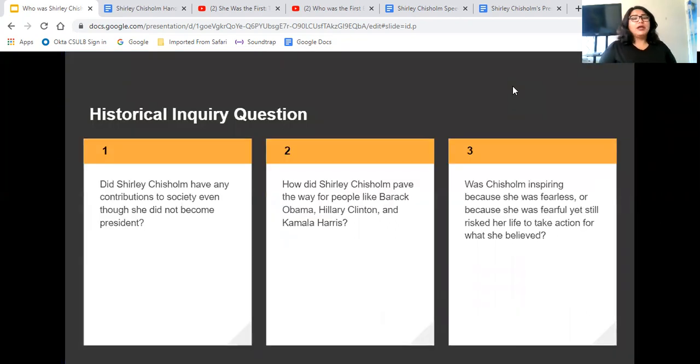So the first question, did Shirley Chisholm have any contributions to society, even though she didn't become president? This is a good question for students to analyze the text and look at some evidence and look at today's society and see what contributions she made.